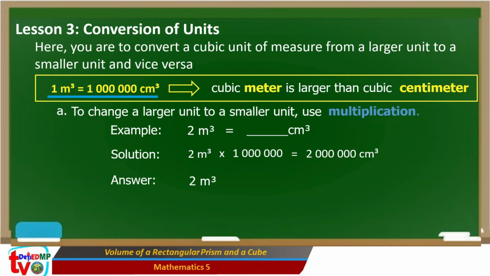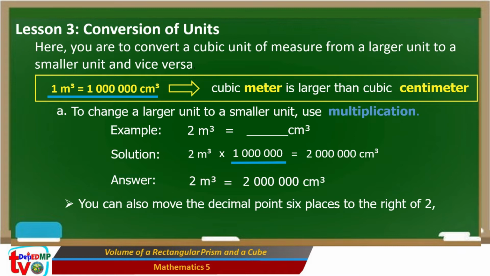Answer, 2 cubic meters equals 2 million cubic centimeters. Since 1 million has 6 zeros, you can also move the decimal point 6 places to the right of 2, like this. 1, 2, 3, 4, 5, 6 to get 2 million.